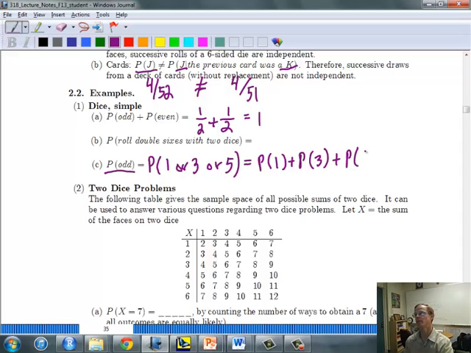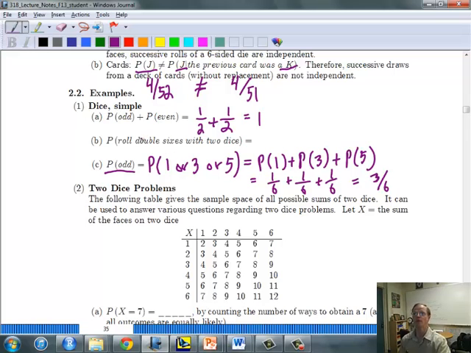There's no overlaps, so they all simply add. Now that's 1/6 plus 1/6 plus 1/6, which is 3/6 or 1/2, as we noted at the beginning.